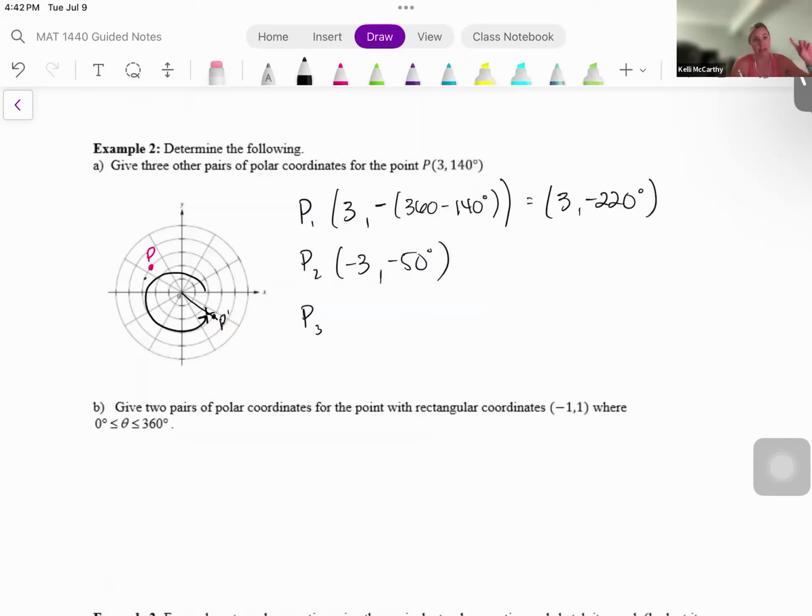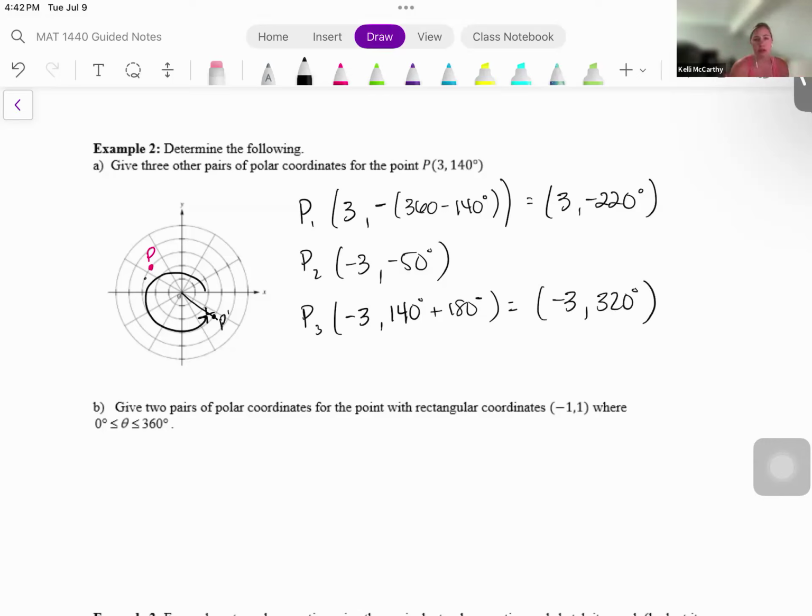We know from the positive x-axis to P, that's 140 degrees. And then to get to P prime, that's another 180 degrees. Since we're going to need to reflect back to get P, our radius is going to be negative, and the angle is going to be 140 degrees plus 180 degrees, or 320 degrees.